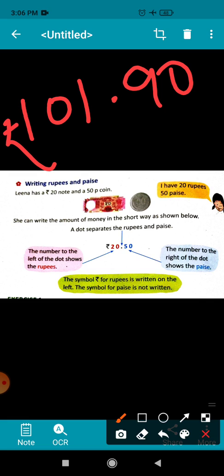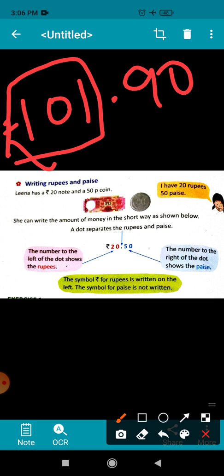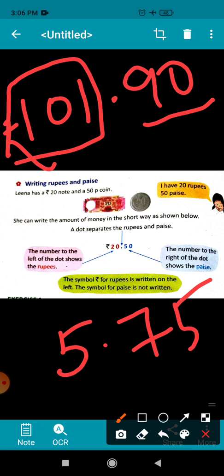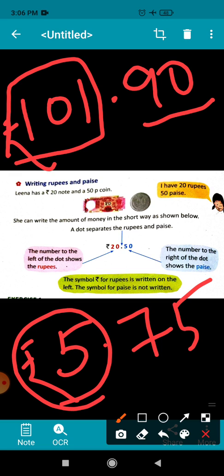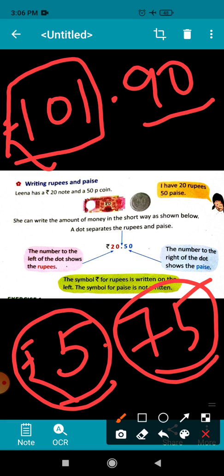So this is the way of writing rupees. Okay, and how will you read this? You will read this 101 rupees and 90 paisa. Suppose you have 5 rupees 75 paisa. So how will you read this? 5 rupees and 75 paisa.